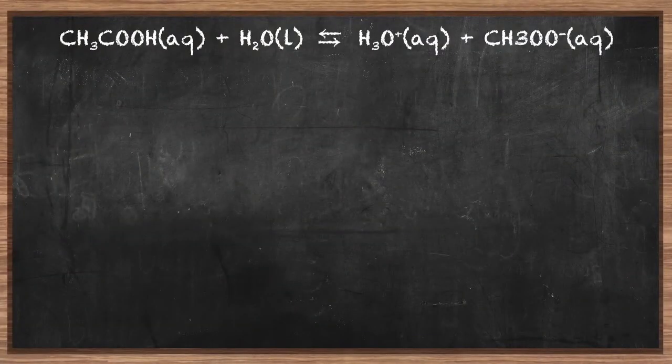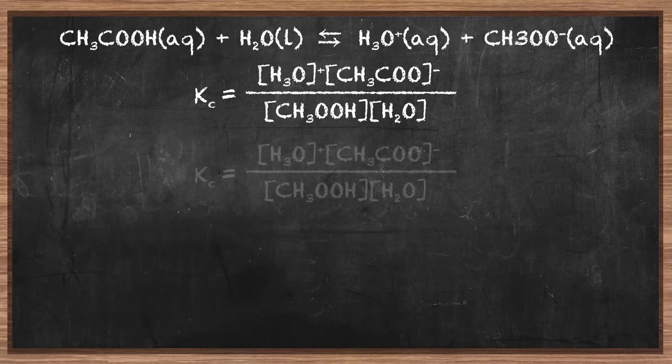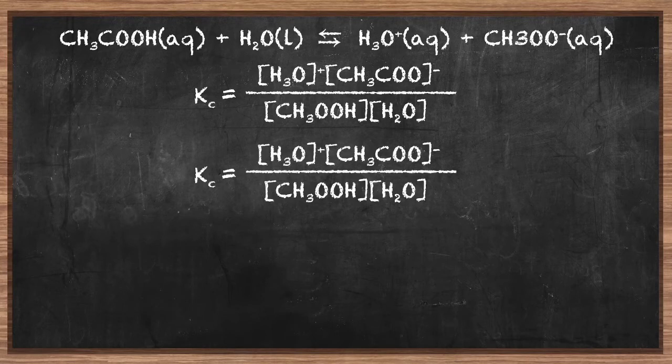Since chemical equilibrium is set up, we can write an equilibrium constant for this reaction. The value of Kc at 25 degrees Celsius is 1.8 times 10 to the power of -5.